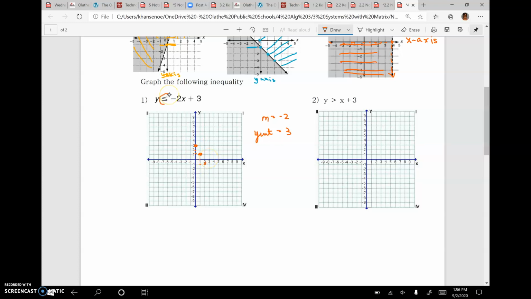This is less than or equal to. So a way that I kind of help you remember, if you have an inequality and it has a solid line below, you know that that is what your line will look like. So then that helps you remember that this is going to be a solid line.